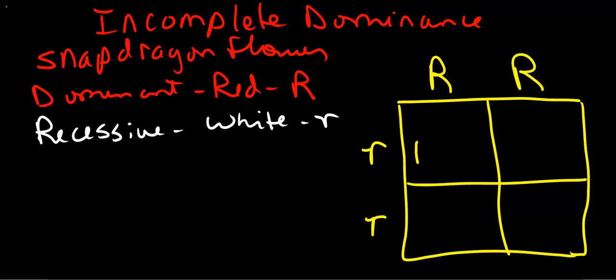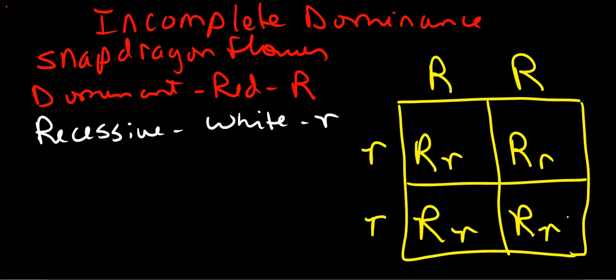This means that all of the offspring would be heterozygous. This also means that the color of each offspring would be pink.